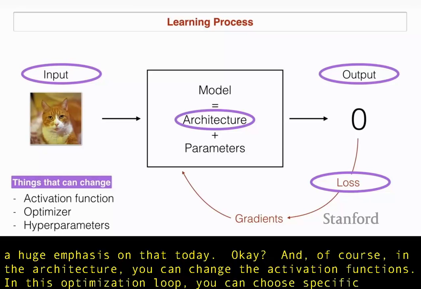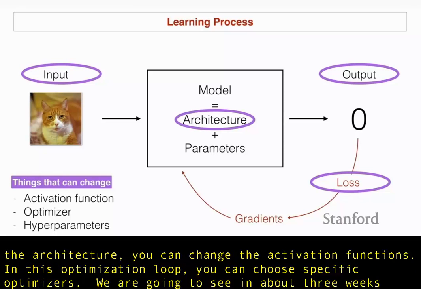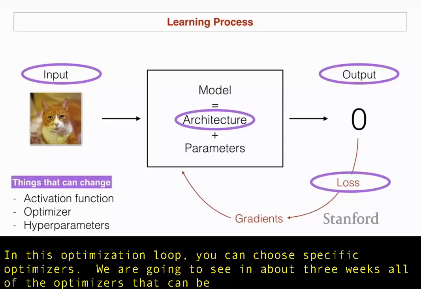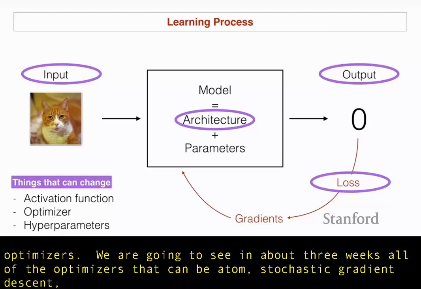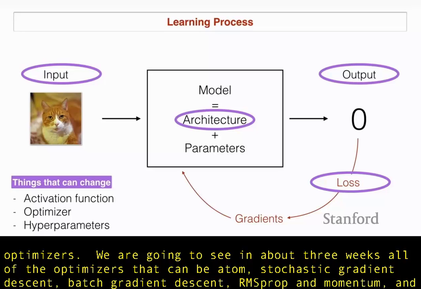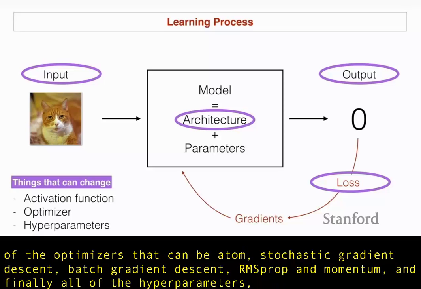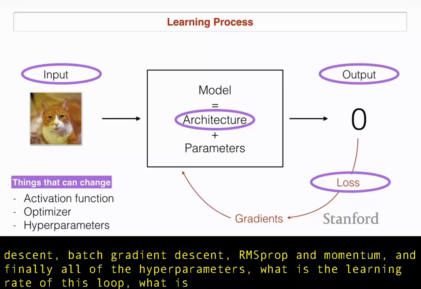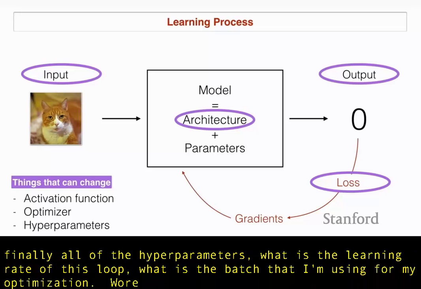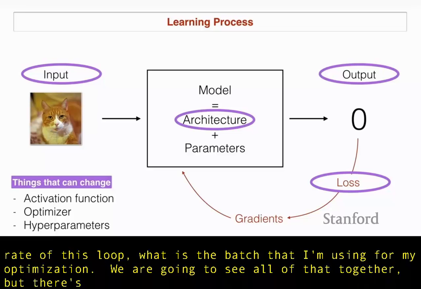We're going to see in about 3 weeks all the optimizers that can be Adam, stochastic gradient descent, batch gradient descent, RMSprop, and momentum. And finally, all the hyperparameters. What is the learning rate of this loop? What is the batch that I'm using for my optimization? We're going to see all that together, but there's a bunch of things that can change in this scheme. Any questions on that in general?